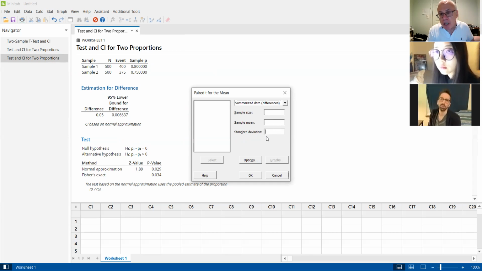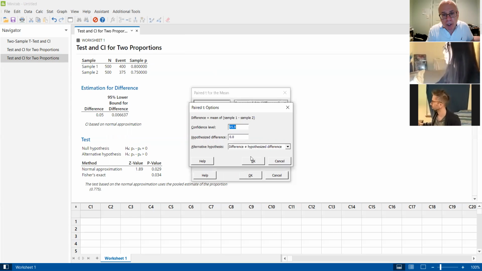You put the standard deviation of the differences here. You assume that there's no difference at all as the null hypothesis. And then the three cases would be either there's an increase in the value, a decrease, or just a significant difference.